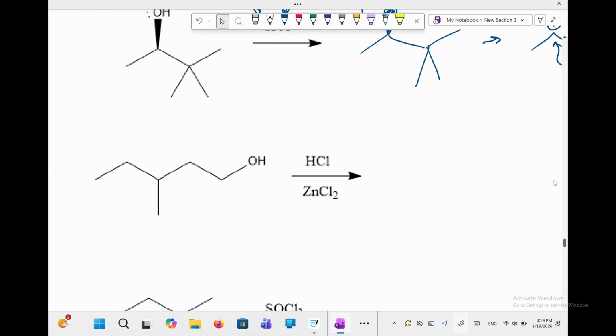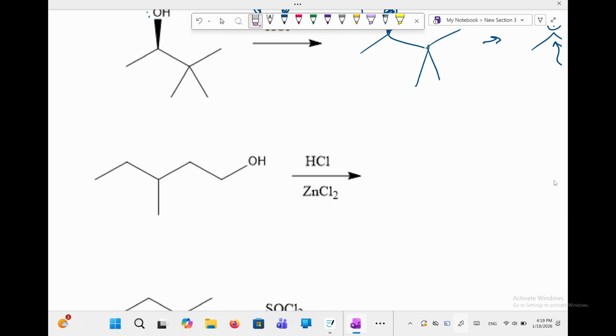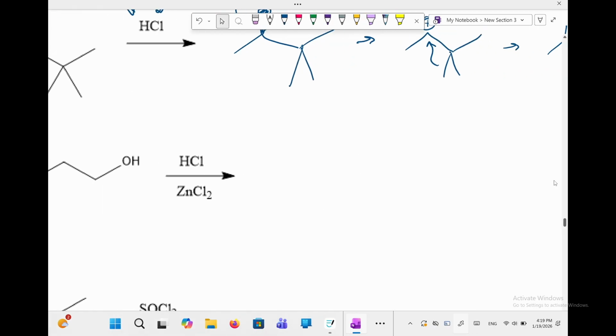So we didn't actually talk about this in class, but it is mentioned in your book. Primary and methyl alcohols don't readily react with hydrochloric acid. When we look through the halides, the nucleophilicity decreases as we go up the column, so chlorine is a weaker nucleophile than bromine and iodine.